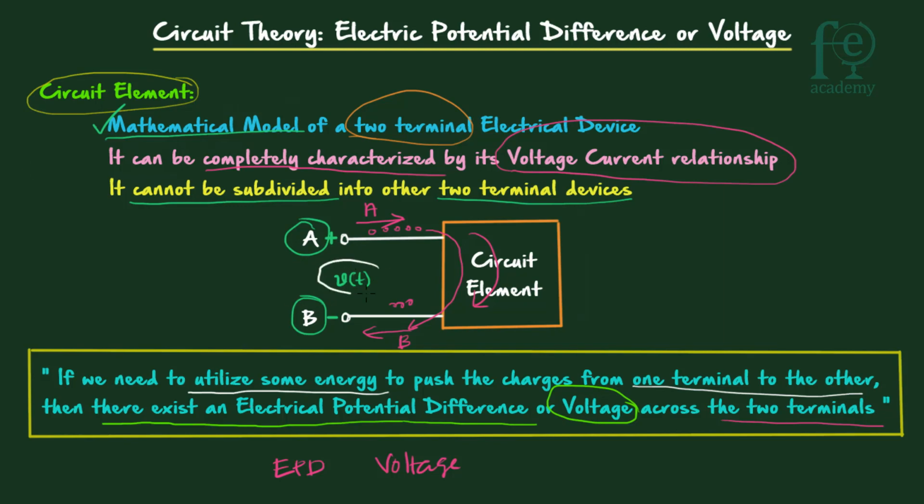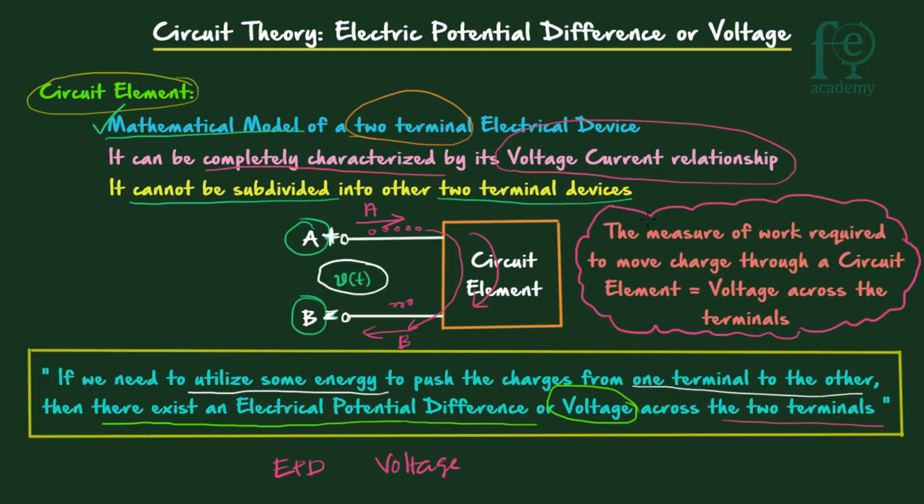I have shown it here using the letter v of t, and you can see it is marked plus and minus. The top terminal is marked plus and the bottom terminal is marked minus. In other words, the measure of work required to move charge through a circuit element is equal to the voltage across its terminals.